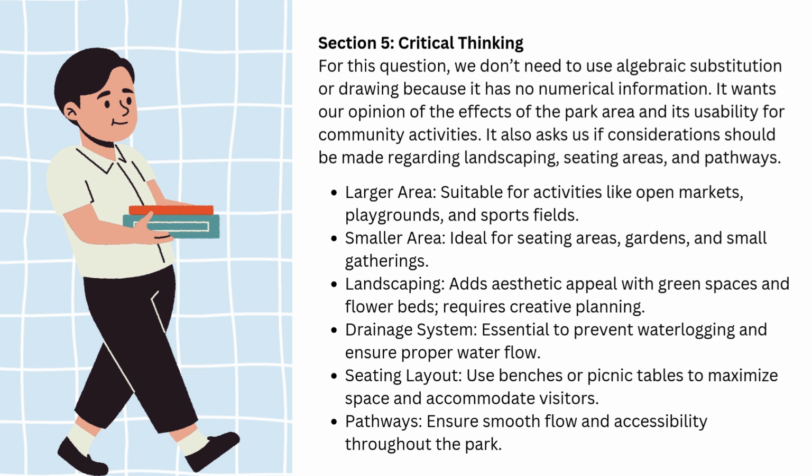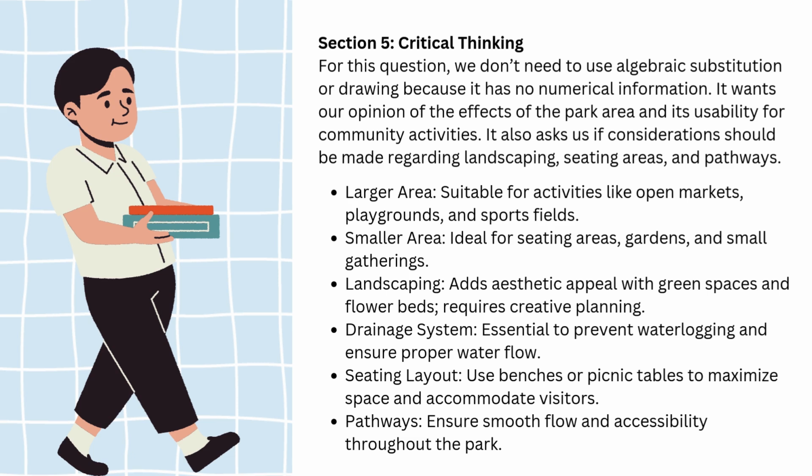So for section number 5, it's more about critical thinking. We no need to use any algebraic substitution or drawing because it has no numerical information. Now, I have outlined some key considerations for designing the community park here.